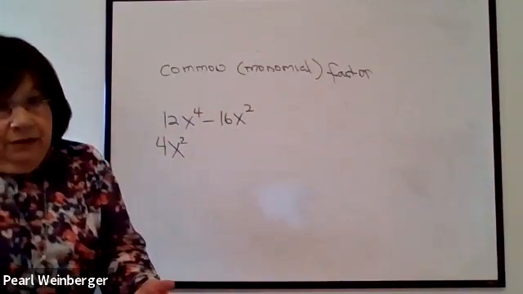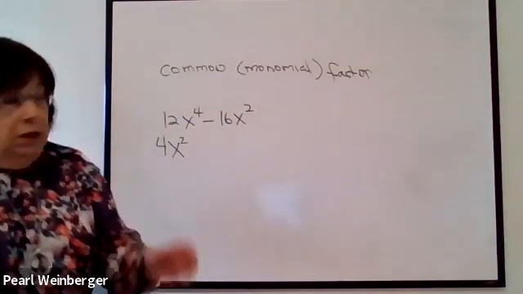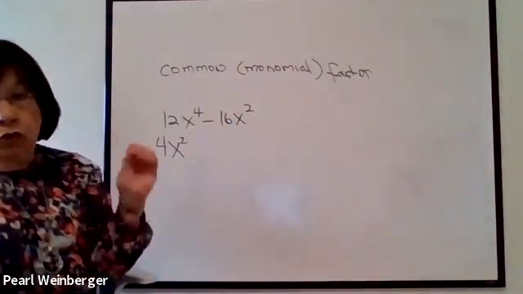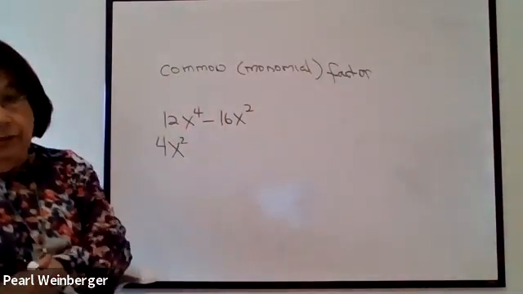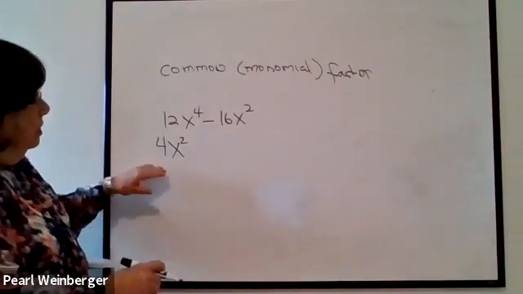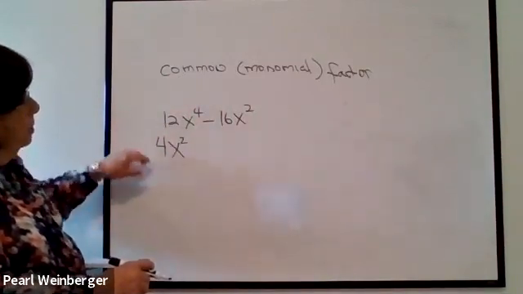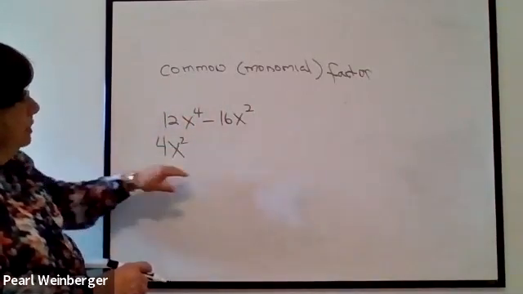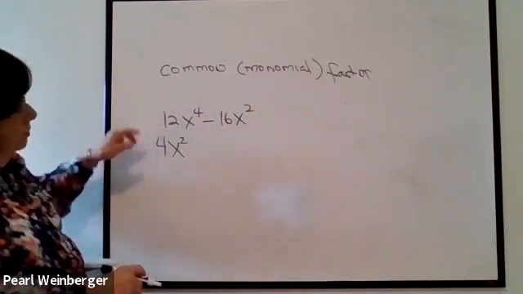If one of them has x's but the other one doesn't, then there's no common factor with the x's. If there are more letters, like y's, I do the same thing with the y's. Again, pick the lowest exponent of the y's. Okay, once I've done that, I have found the largest common factor, the greatest common factor, sometimes called the GCF.